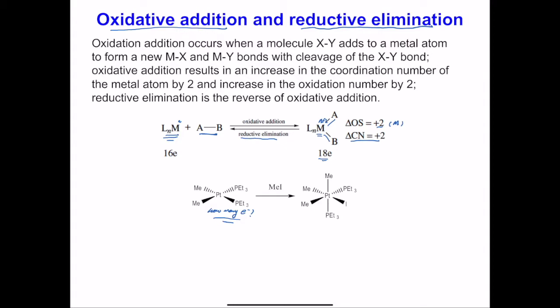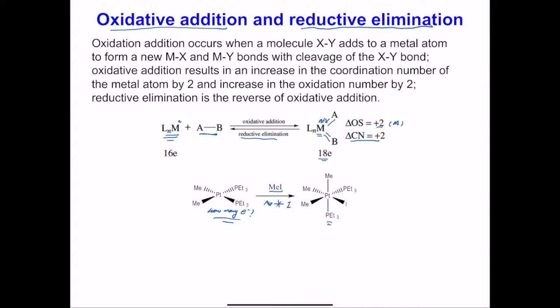Just remember electron counting. Then what happens is this square planar platinum compound will react with methyl iodide. It will cleave this methyl iodide bond, so you end up with this octahedral product.